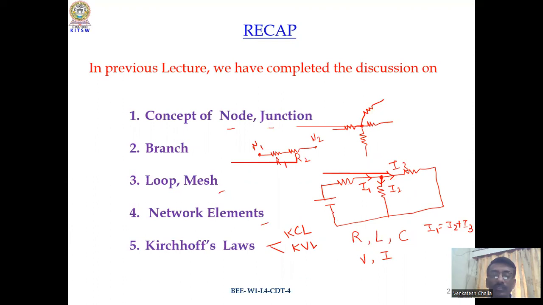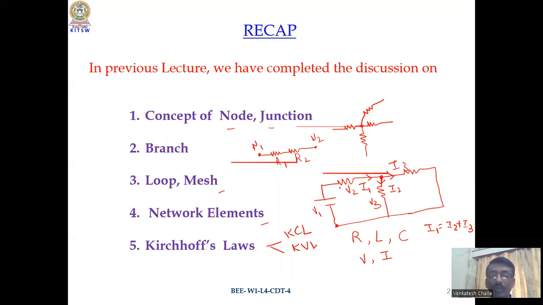KVL says the algebraic sum of the voltage drops and EMFs around a mesh or a closed path is zero. So if, for example, I start from this point and move like this, here there is a voltage rise. This is voltage V1, this is voltage V2, and this is voltage V3. There is a voltage rise V1, a voltage drop V2, and a voltage drop V3.